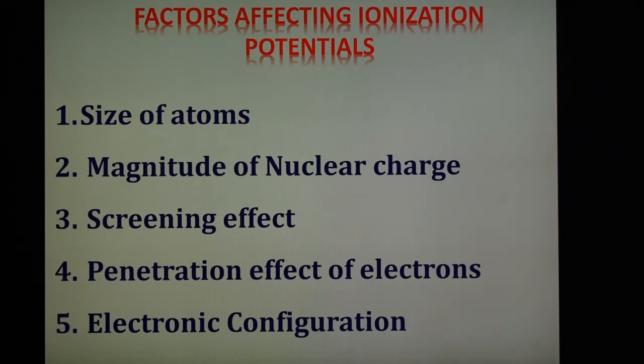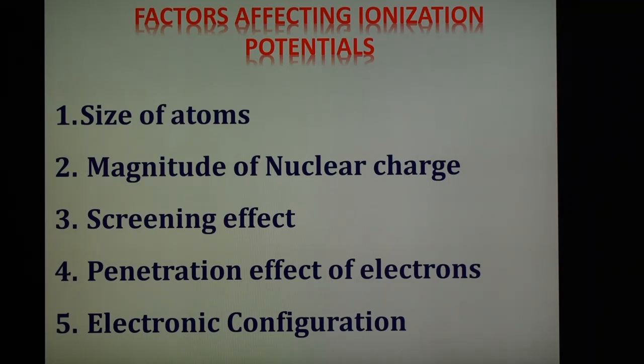So also we can say, what is the screening effect? It is the effect of inner electrons on the valence electron, due to which the valence electron experiences less attraction from the nucleus, and therefore valence electrons are attracted toward the nucleus but with less force. So as we know, the greater the number of inner electrons, the greater is the shielding effect acting on the valence electron, and smaller is the attractive force exerted by the nucleus on the valence electron, and therefore lower is the value of ionization potential.